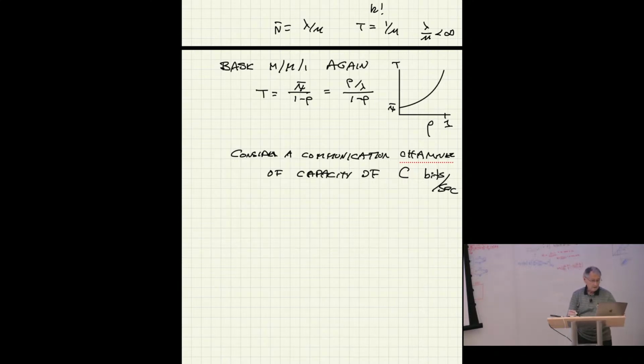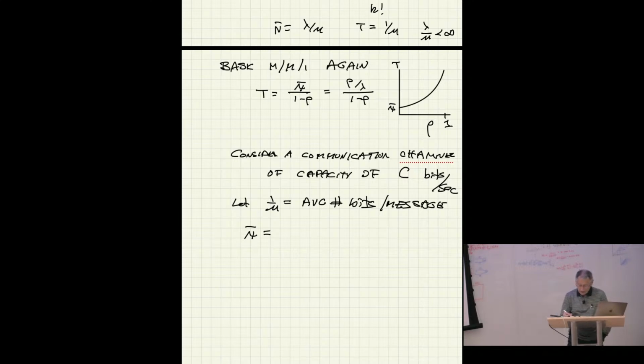So I'm going to let this notion of 1 over mu be the average number of bits per message. Let's assume message is the basic item we're moving. And to come back to what we've always done, x bar is the number of seconds it takes to serve somebody. So how long would it take to serve a message of length 1 over mu bits going through a channel of C bits per second?